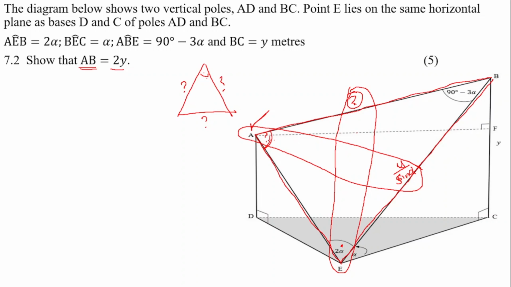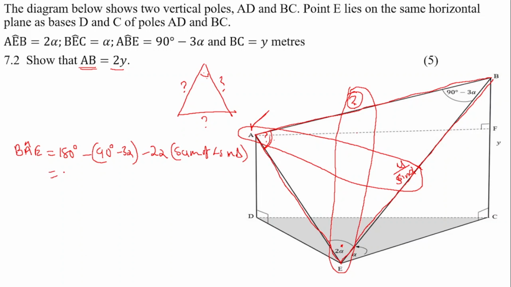Right, let's find angle BAE. It is equal to 180 degrees minus this angle here, 90 degrees minus 3 alpha, and then minus 2 alpha, using the sum of angles in a triangle.